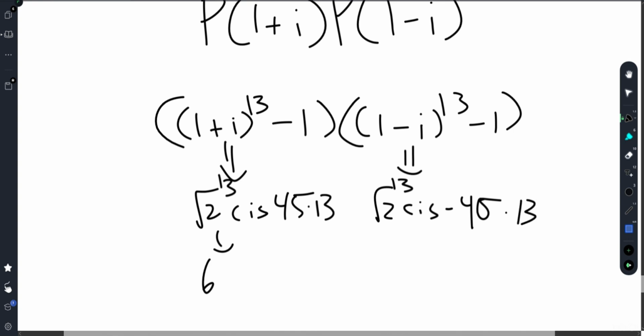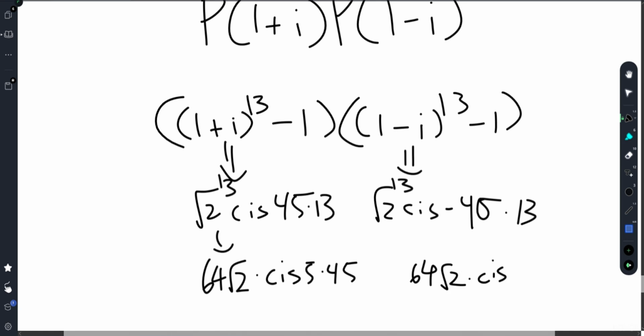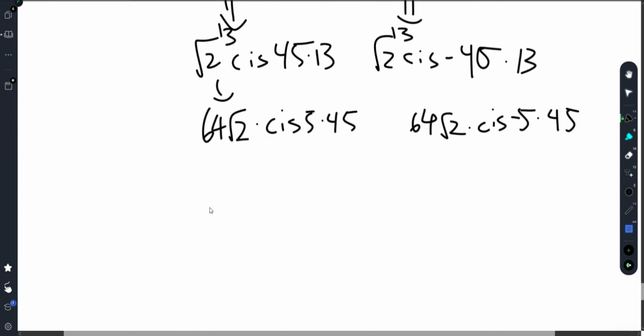So this gives us 64 root 2 cis, well, 13 times 45 is 5 times 45 mod 360, and 64 root 2 cis negative 5 times 45. And well, what is cis 5 times 45? This is just negative cis 45. So 64 root 2 times root 2 over 2.